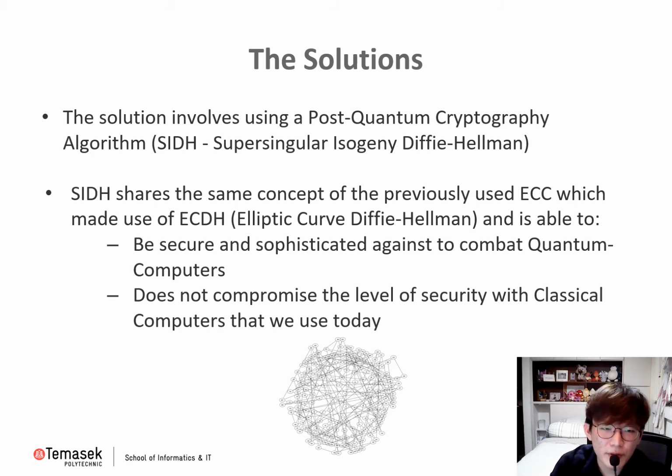So this is why we chose SIDH. This is our solution. And this image here is the mapping graph for SIDH. So this is one elliptic curve, this is another one, and you can map to anywhere in this map. So imagine how hard that would be for someone to crack.